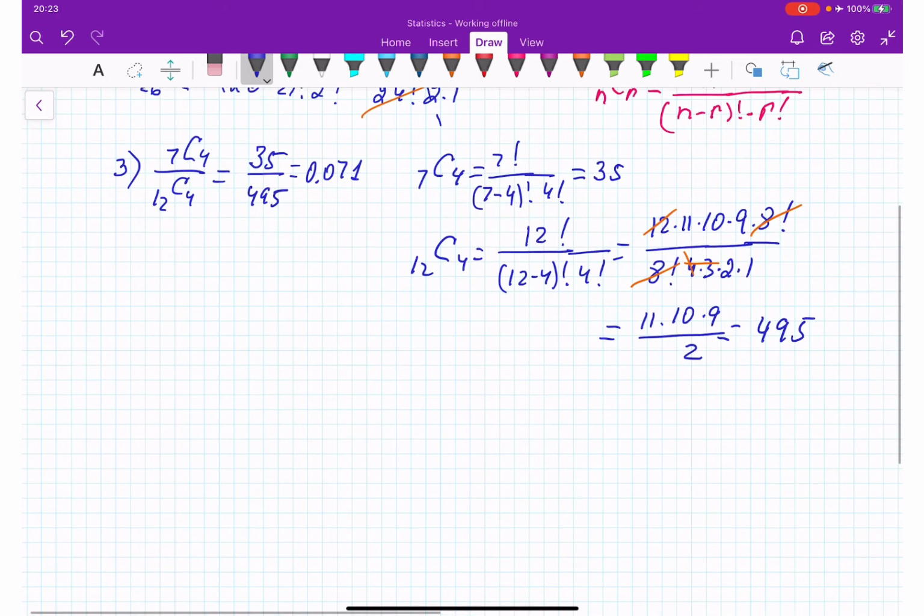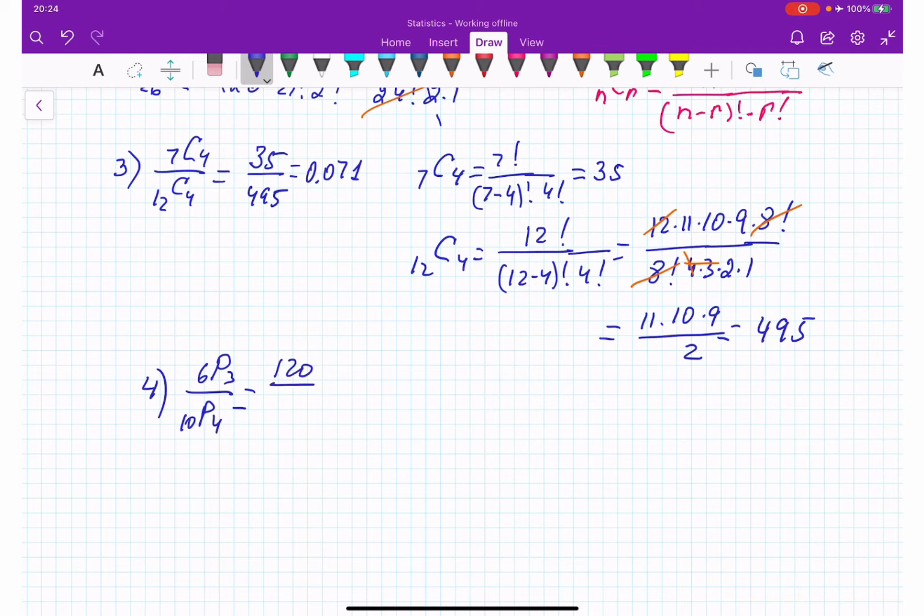Okay. Question number 4. We have permutation 3 out of 6 over permutation 4 out of 10. Let's see. Here we have 6 and 3. Permutation is going to be 120 here.